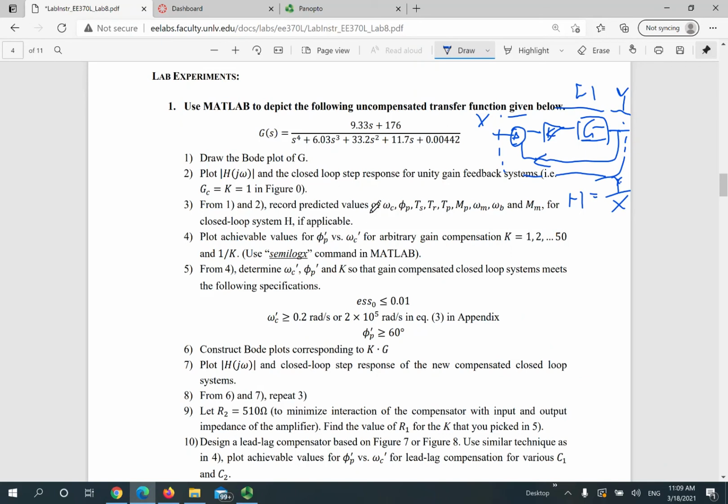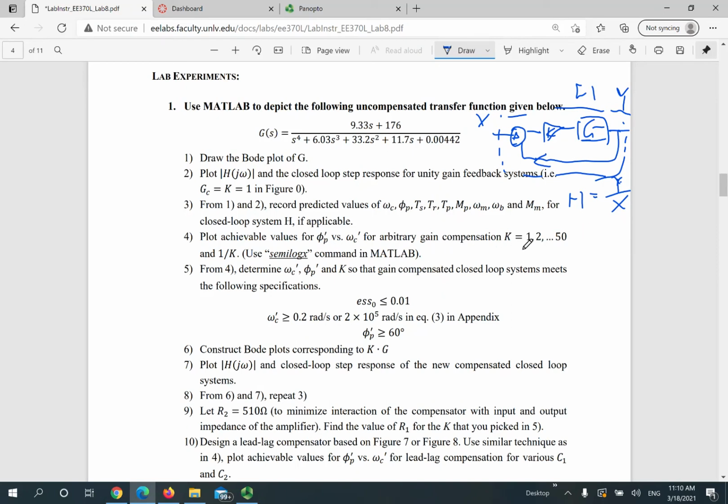So over here in question 3, we assume K equals 1, and question 4 is to ask you to give different phase margin and frequency based on K from 1 to 50, and also 1 divided by 2, 1 divided by 3, and until 1 divided by 50.